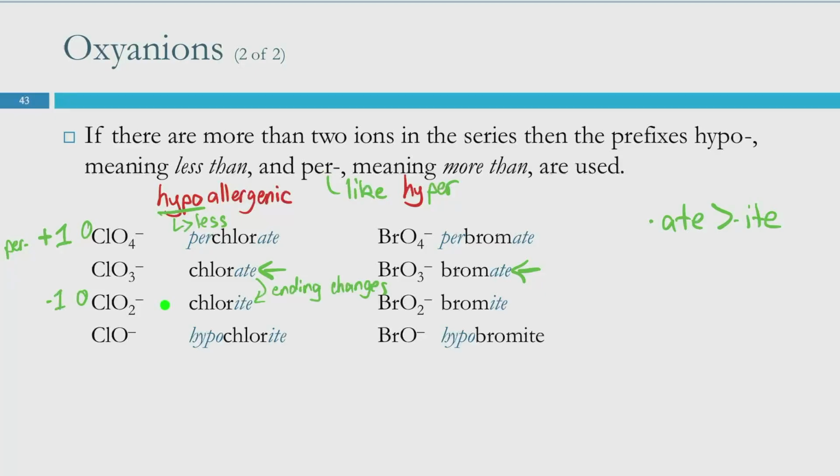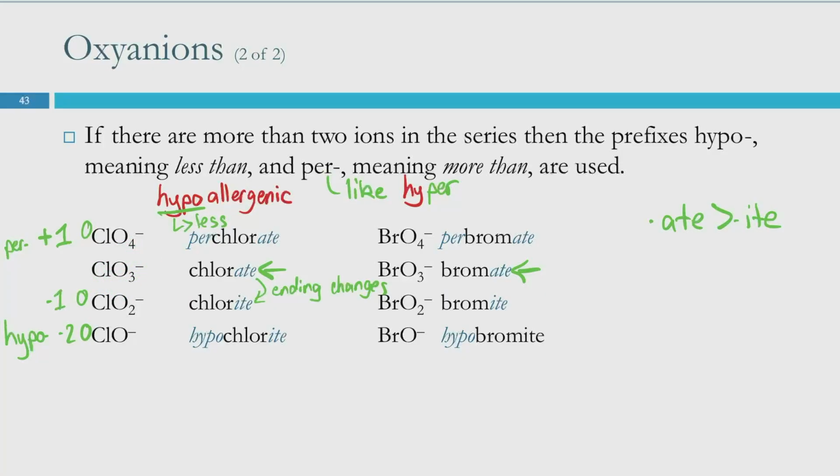And how does the charge change? It doesn't. Charge is the same. It's still 1 minus. If we take off another one from our ite ending, we keep our ite ending, but we add a prefix. So we add the hypo prefix in front. So hypo plus the ite makes for a minus 2 oxygens relative to our ate ending.